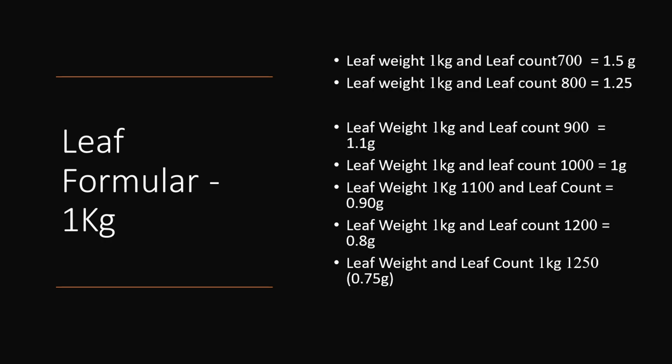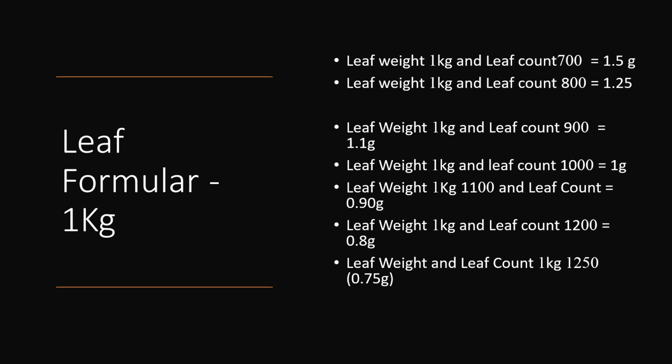If you look at this calculation, to make 1 kilogram of green leaf, that is the harvested leaf, in the Sri Lankan scenario we normally need to pick around 700 green leaves. That means an individual green leaf weighs 1.5 grams.